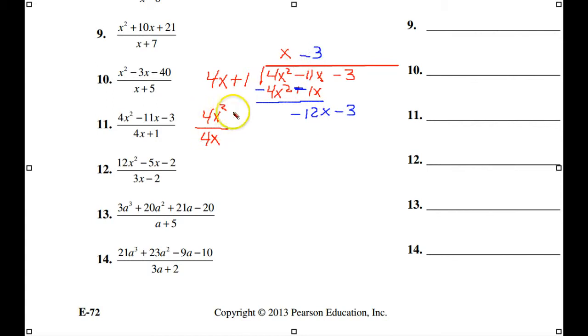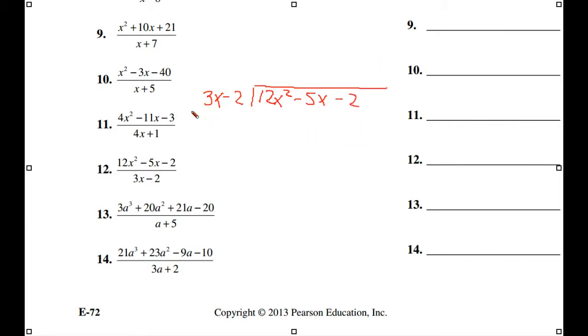And you could use that technique if needed, but usually you can do it mentally. Now 1 times this is a negative 3. Now notice so far we haven't had any remainders. But that's a possibility. And everything cancels out.